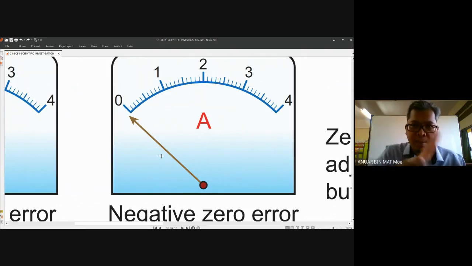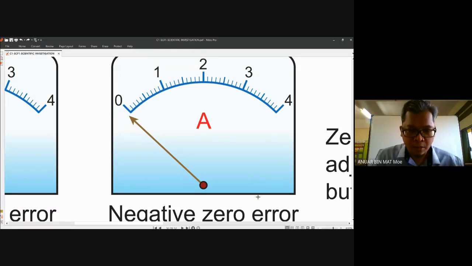So you must adjust the error until the needle points to the 0 value. Then you have no zero error.